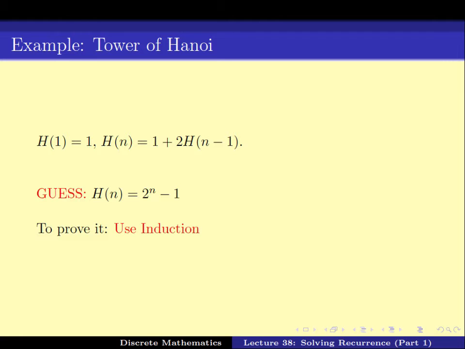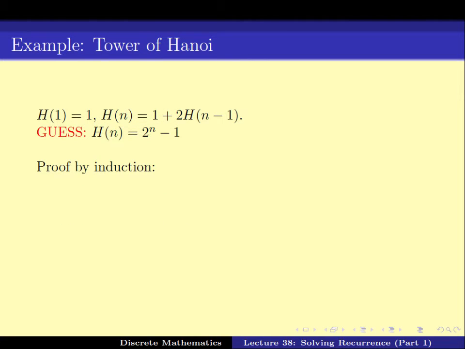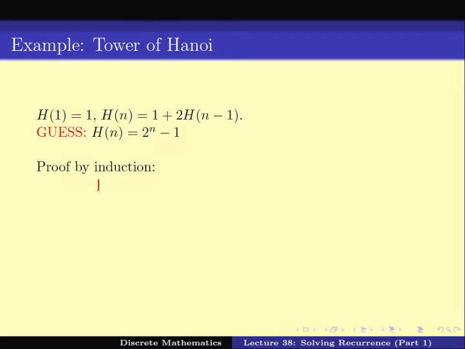But again, for this particular problem, how do we prove this statement? Again, we have to look at the base case. So base case n equals 1. So here h1 equals 1, which is 2 power 1 minus 1, which is 1, which is right. So the base case is correct.